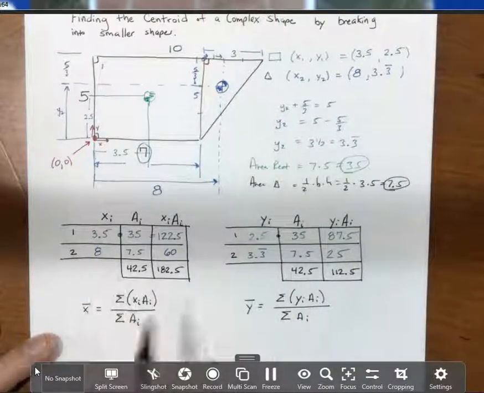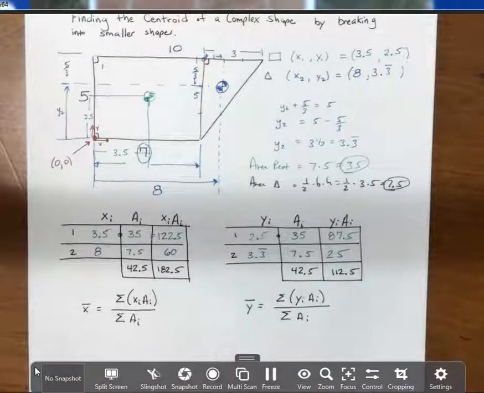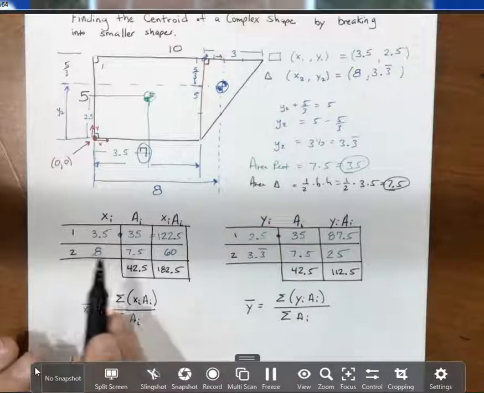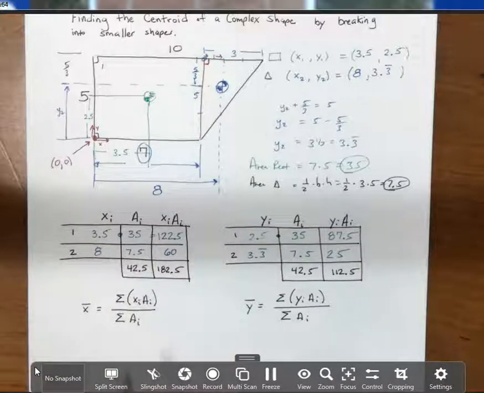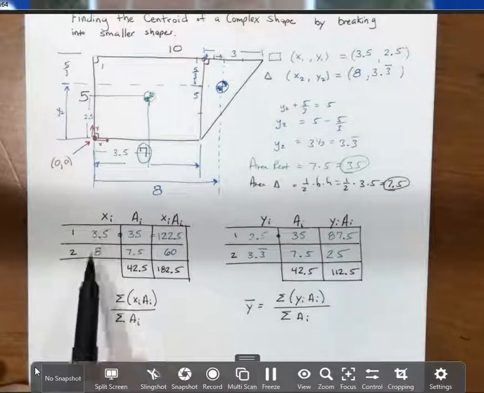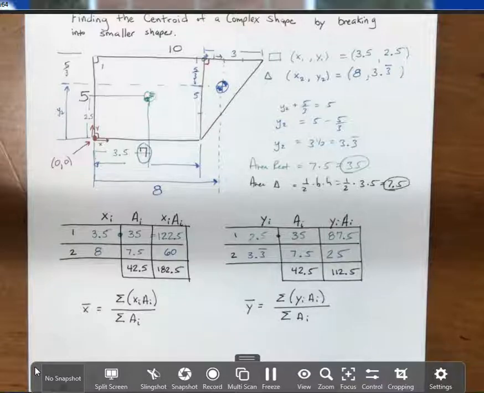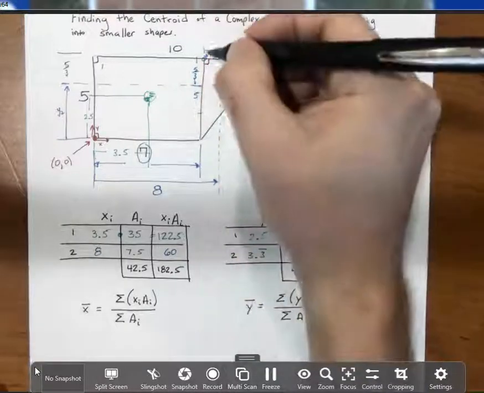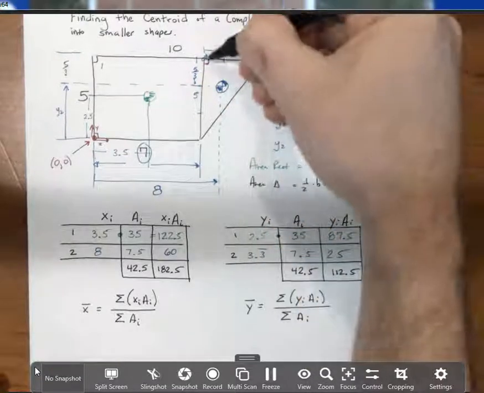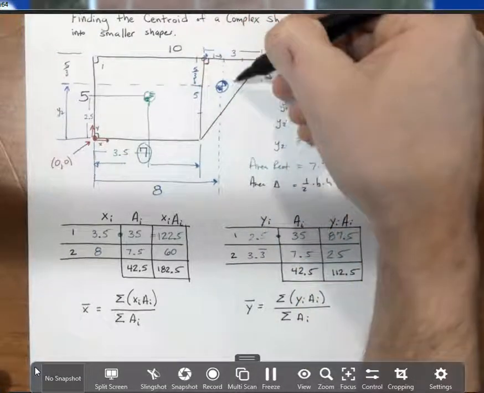Okay. These tables would be great for you to lay out and keep all your work organized: the coordinates, the areas, and then your products. It's the areas and the products that are going to get summed. And let me just give you a friendly reminder that these coordinates were with respect to a common origin. They were not the distances from some reference point or corner of the shape.